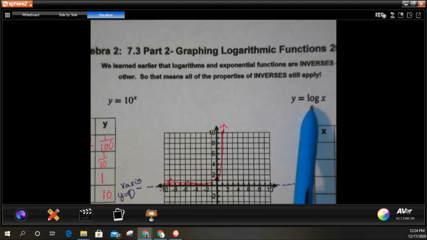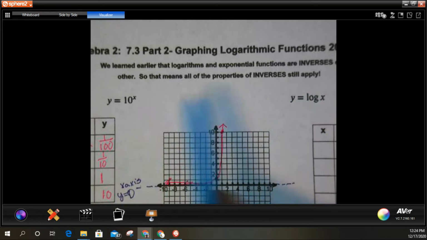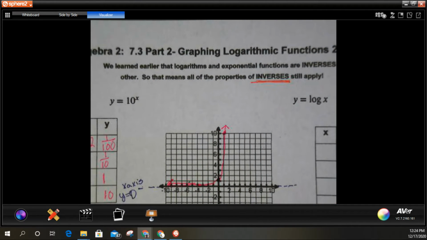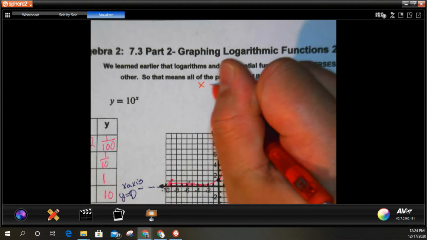Remember, if there's no base there, it's 10, the common log. y equals log base 10 of x. These are inverse functions. And what do we know about inverse functions? A couple of properties. Well, we know that the x and y switch. The domain and range switch.